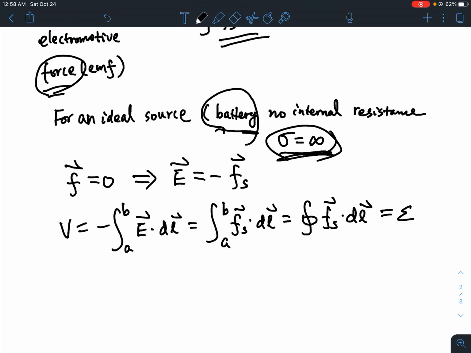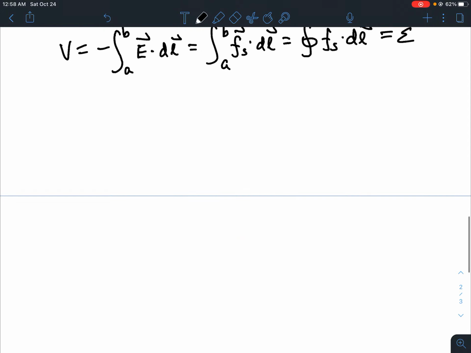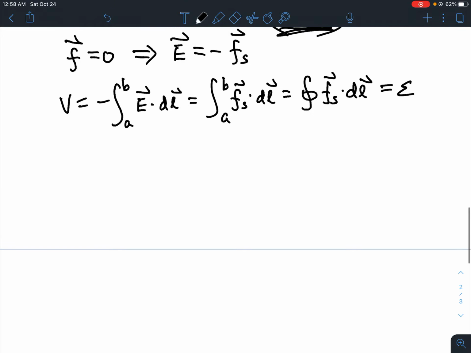The voltage difference between the two terminals creates an electrostatic field, which then drives the current through the rest of the circuit. So this is what happens for a battery: the voltage difference is used to do the work, to move charged particles around.